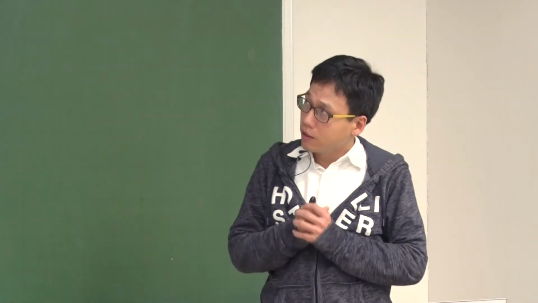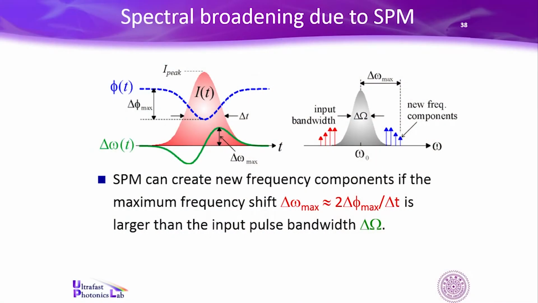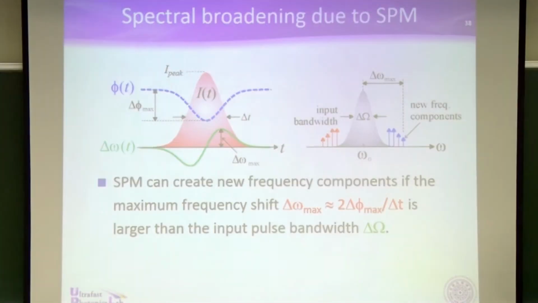And another important behavior of SPM is it can create new frequency components, or simply speaking, broaden your spectrum. Okay? And this mechanism is very useful in a couple of applications. Okay? But the idea is quite simple. The left figure is almost the same as we just saw in the previous slide.